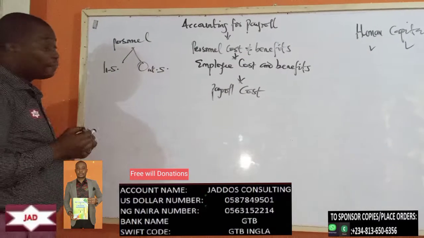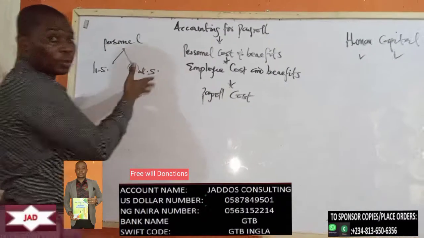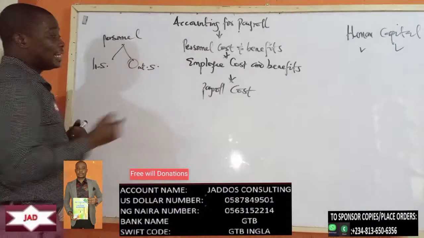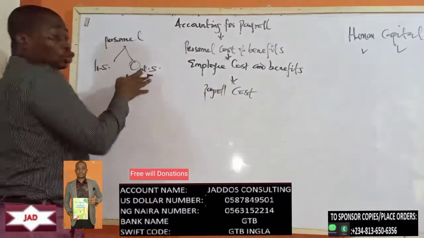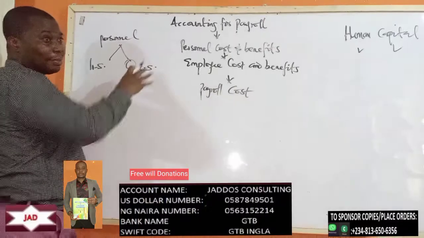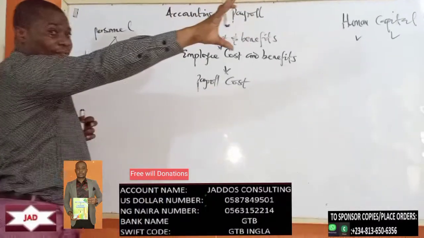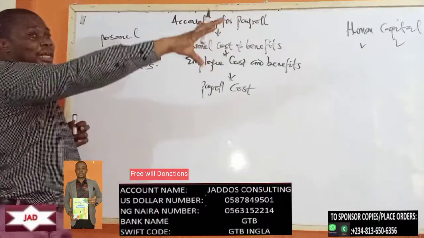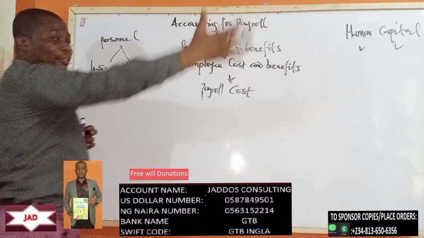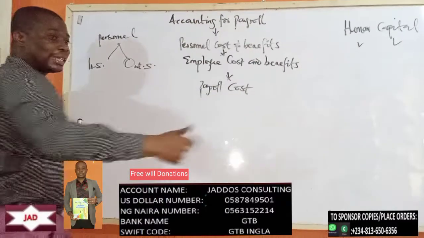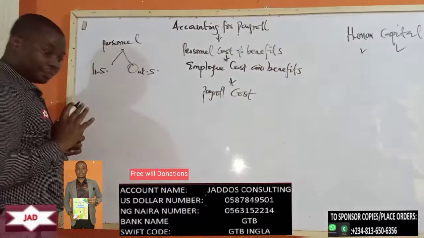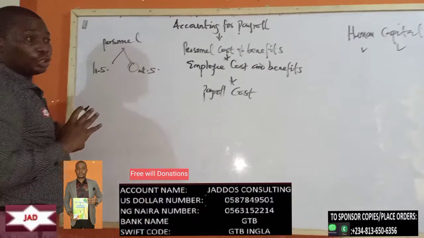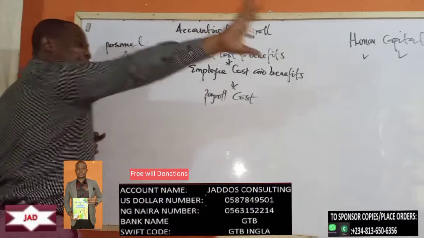If it is outsourced, what we're saying here is that you are trying to operate a lean structure where you get someone to bother themselves about the staff that you need to carry out various functions, and you pay that person. So it's like you're contracting the human capital or the human resource to another company.